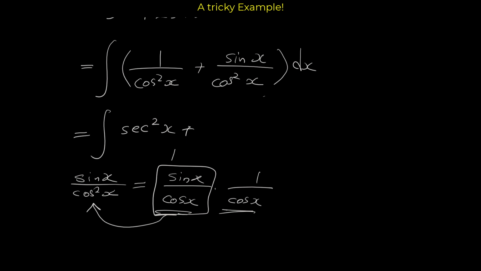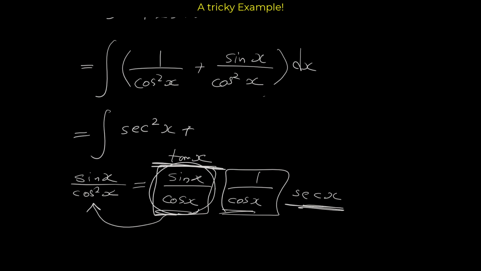Sine over cosine is tangent x. 1 over cosine x is secant x. So sine x over cosine to the 2 can be written as secant x times tangent x. This is tangent, this is secant. So tangent times secant, which I prefer to write secant times tan.